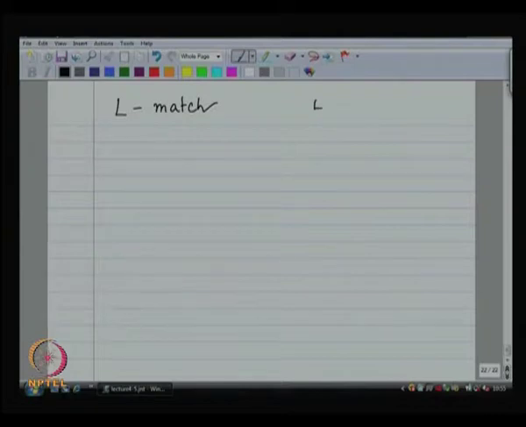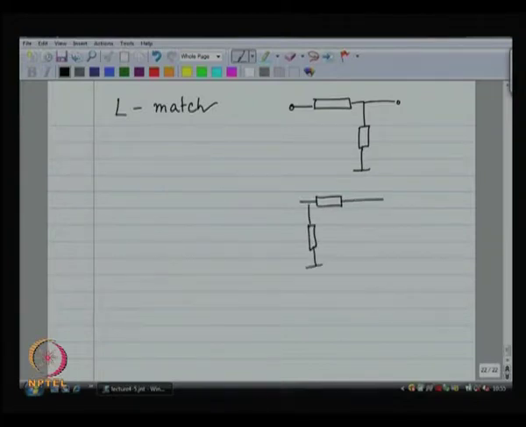So, it either looks like this, okay, or it looks like this. And if you turn your head in certain directions, these patterns are going to look like an L, the alphabet L. So, it is called an L match.